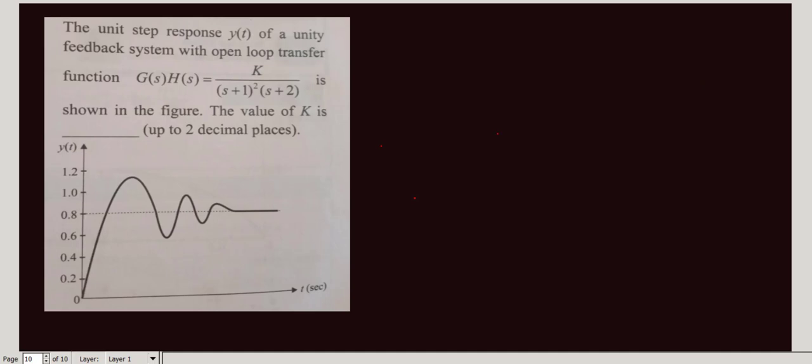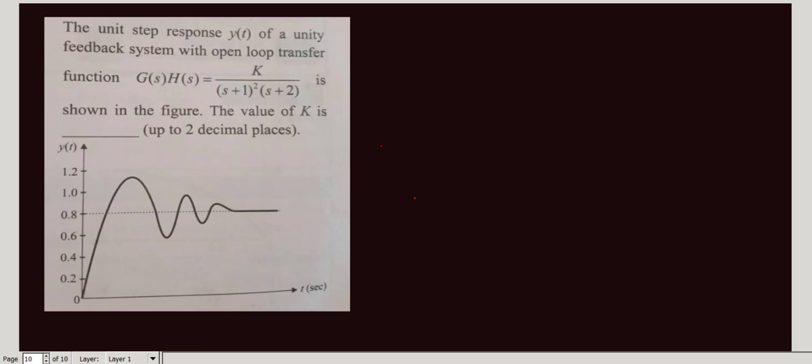It is from control systems. The unit step response of a unity feedback system with the open loop transfer function is given. He asks for the value of K, and the response is given.